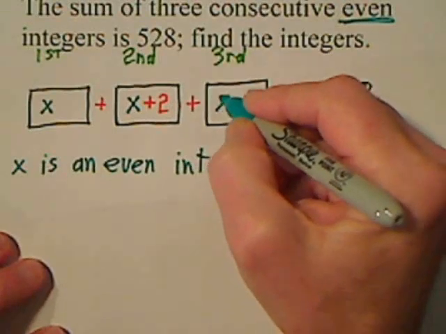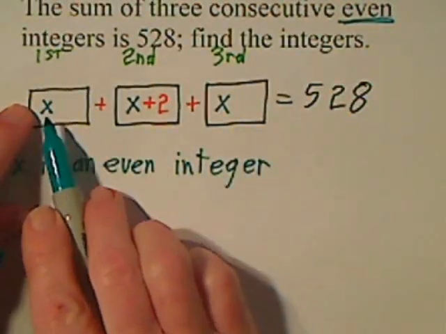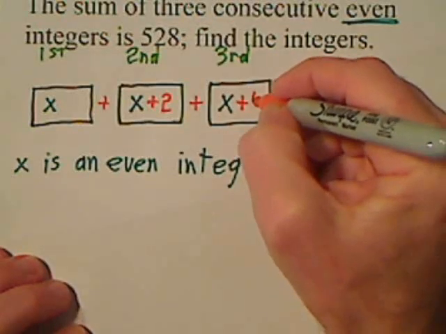And again, x is my first integer, so to get to my third even integer, I'm going to have to add 4.